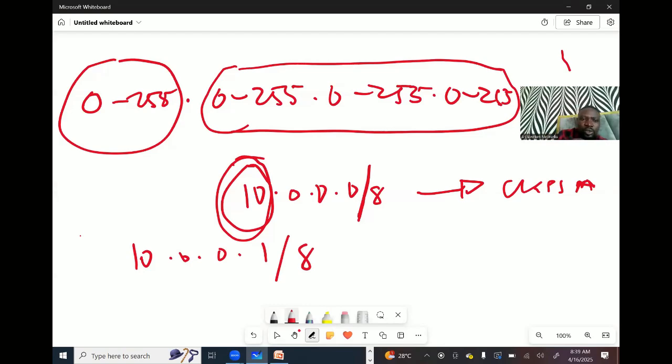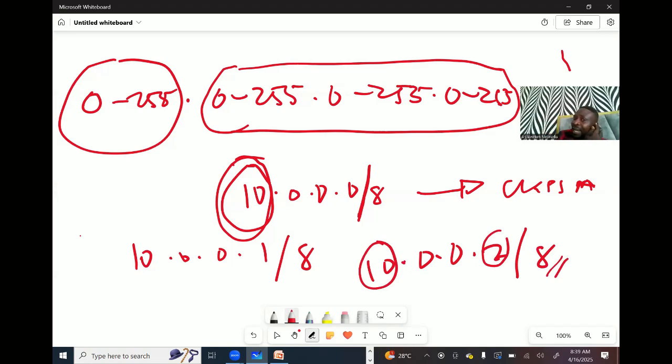This will be the first host. The second host will be 10.0.0.2/8. This /8 signifies that this is the network portion, and this is the host.